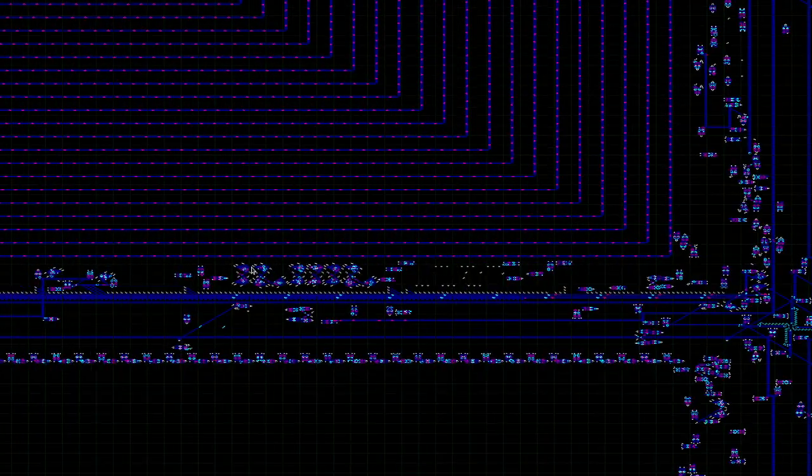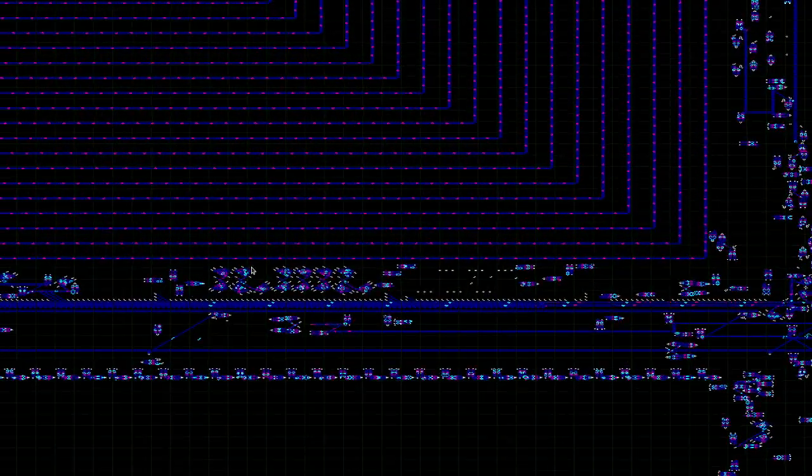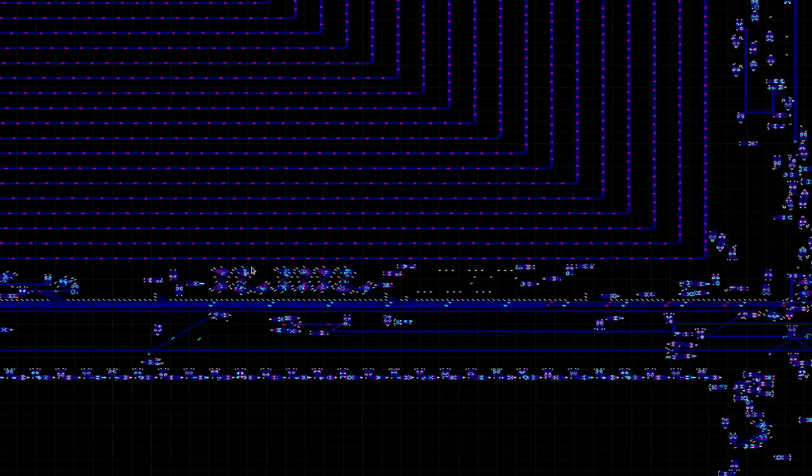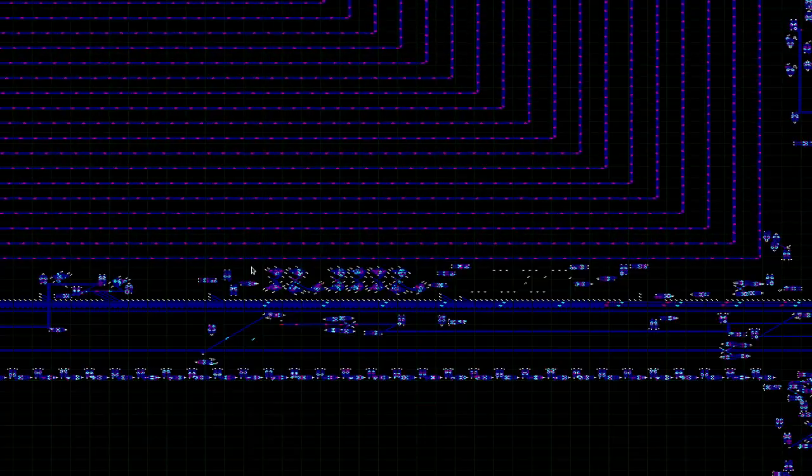So this cell has 1, 2, 3, 4. I guess it has 5 live neighbors, including itself, right?